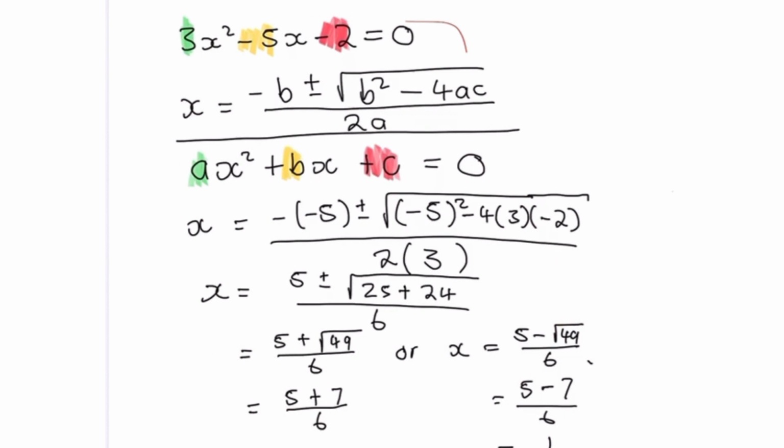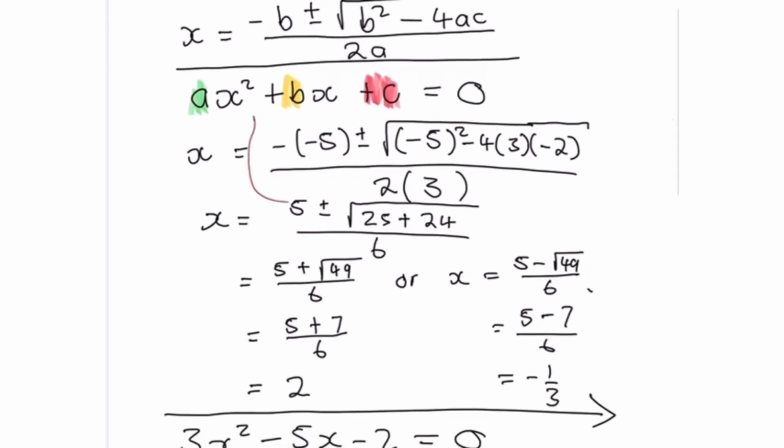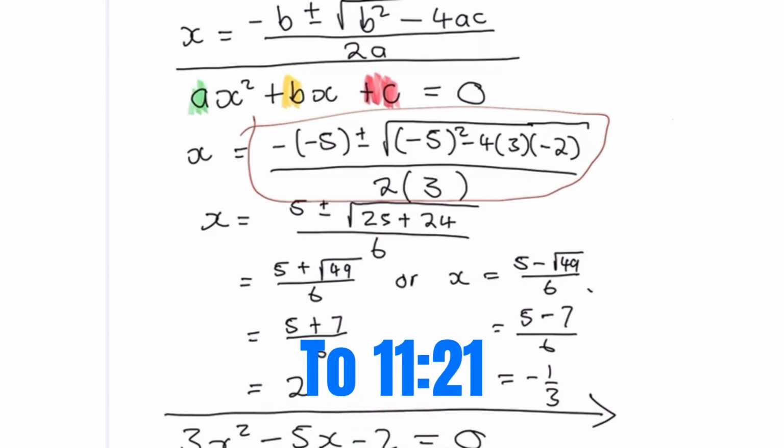And please be aware of the signs. If our B is -5, you take it as -5. If our C is -2, you take it as -2. You don't write 5, you don't write 2. Please rewind to the problem where I substitute, and I will identify it in the video description below, where you should rewind to.